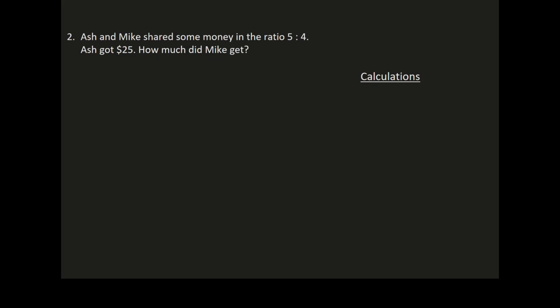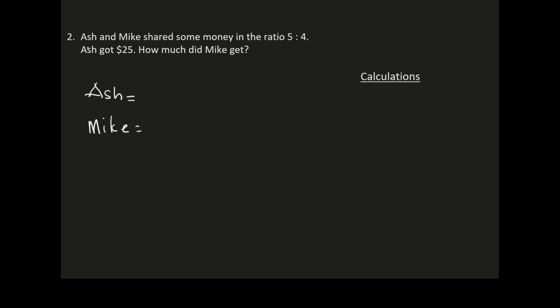Ash and Mike shared some money in the ratio 5 to 4. Ash got $25. How much did Mike get? Still using my bar model, I have Ash and I have Mike.